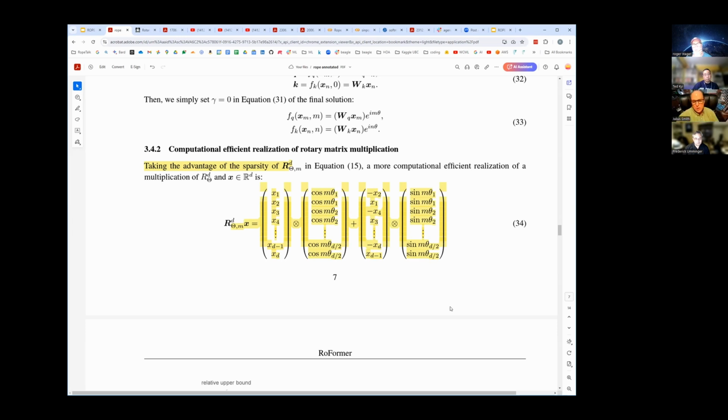Another way to say it is that it's more correlated at close distances, and at far distances the correlation decays because of this modulation. Interesting. So we should be able to just plot the magnitude of this thing over time and see the long-term decay. Yeah, as you increase m, plot m on the x-axis and just plot the magnitude of the dot product. Yep.